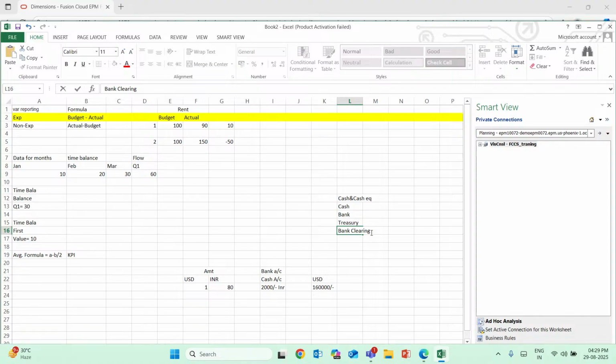We cannot enter any amount or any figure in the parent, in the head, because this is going to be added up into this. We will always enter the data at the child level. We cannot provide the data here.